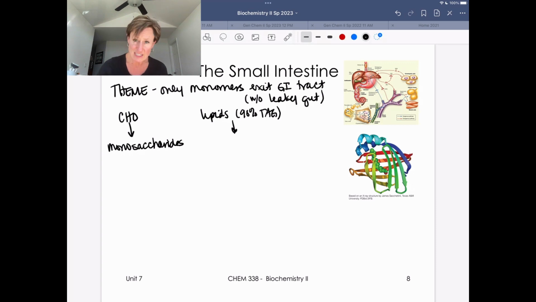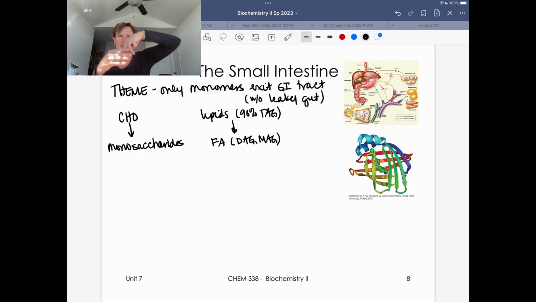Okay, these need to be broken down into fatty acids or diacylglycerols or monoacylglycerols. Okay, so we cannot have a triglyceride exit your GI tract. Okay, and then the last thing is we are going to have proteins. Okay, proteins must be broken down into their component amino acids.